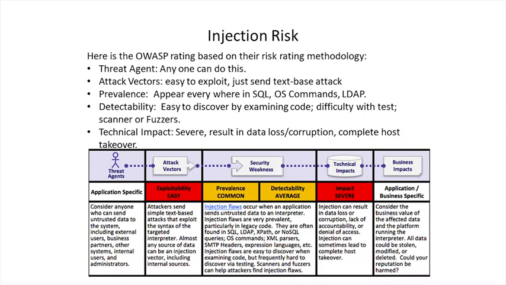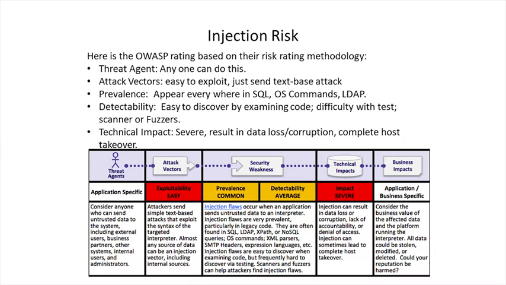So the next column is whether they can be detected easily or not. So detectability is another important factor to decide whether this is very vulnerable or not. In this case, the command injection is easy to discover by one method, which is code review, examining the code. It is not that easy, but just purely based on testing.